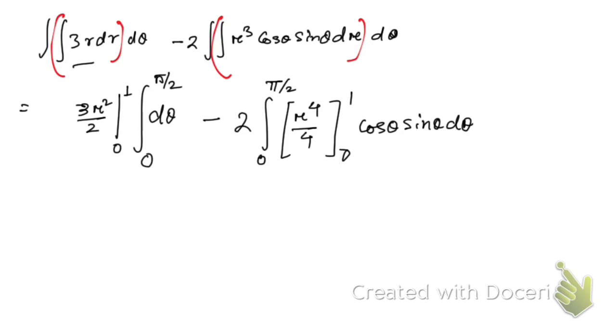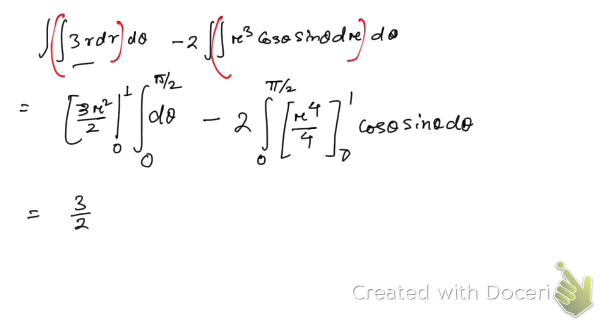With respect to r we have already integrated, so this 2 cancels 4, so it's going to give you half. Okay, so now on putting the upper and lower limit, here we have got 3 by 2.